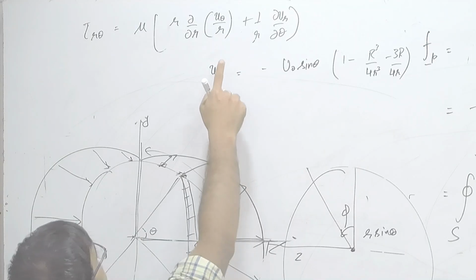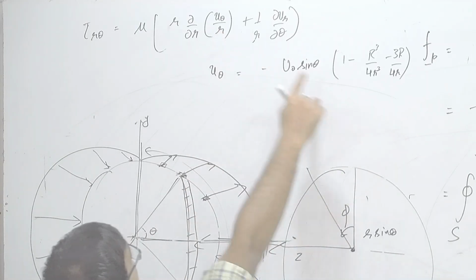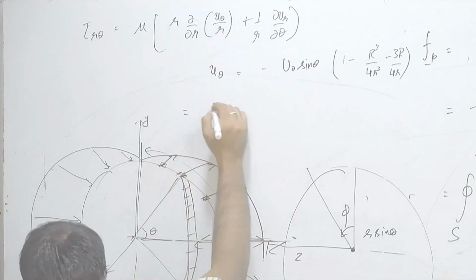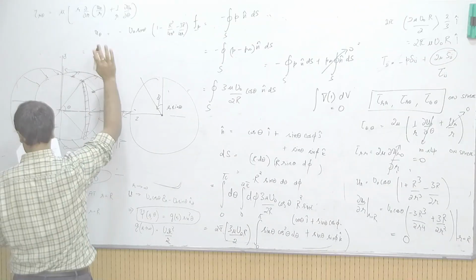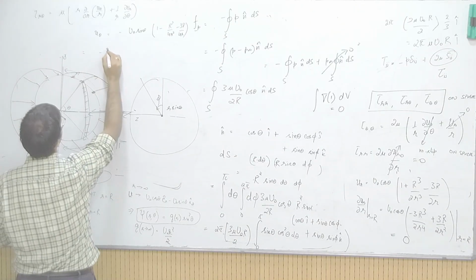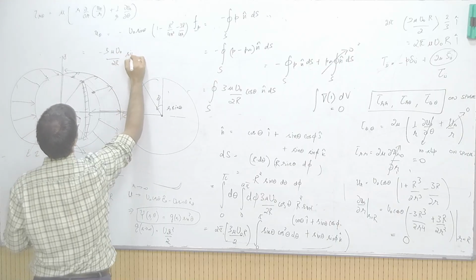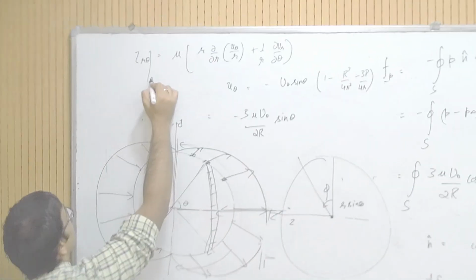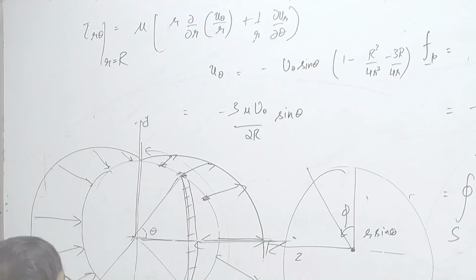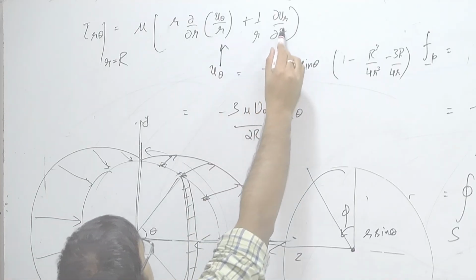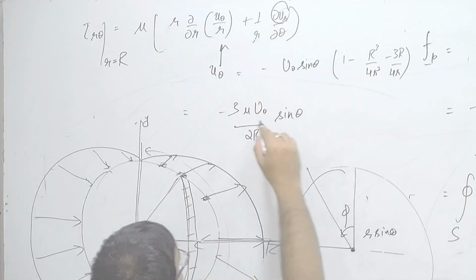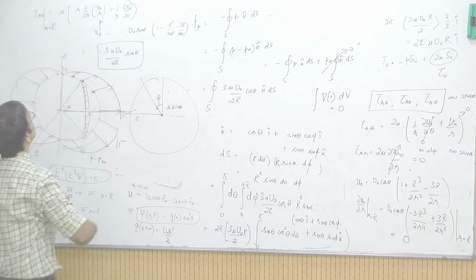Substitute this u theta and that u r, and you will get that tau r theta is, I am just writing the final relation here, minus 3 mu u naught over 2 R sine theta. Remember, all of this has to be evaluated at small r equals capital R.